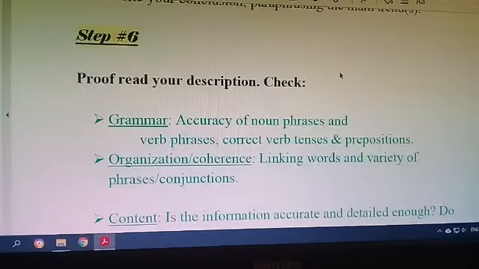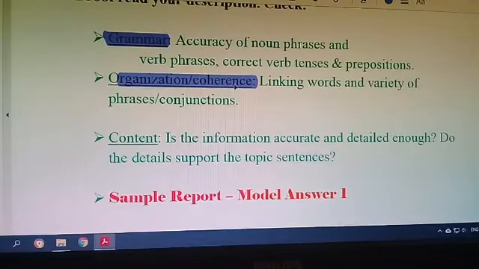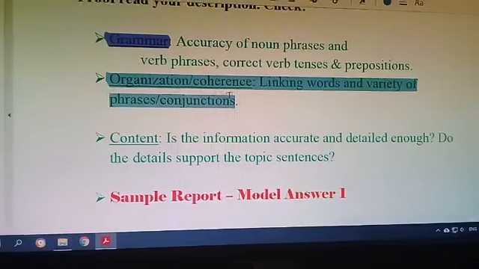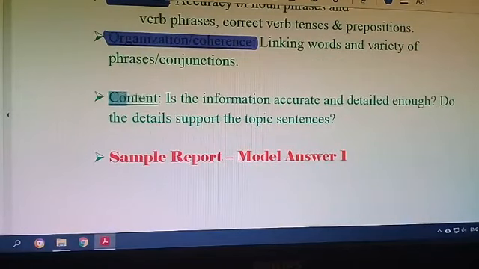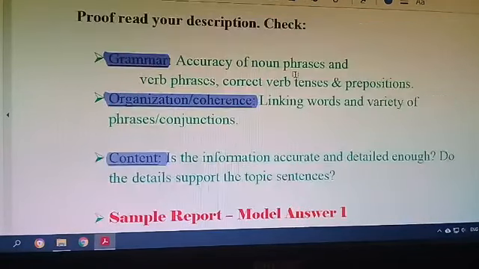Go over it thoroughly, check the grammar, organization, coherence, and content, what you have written.